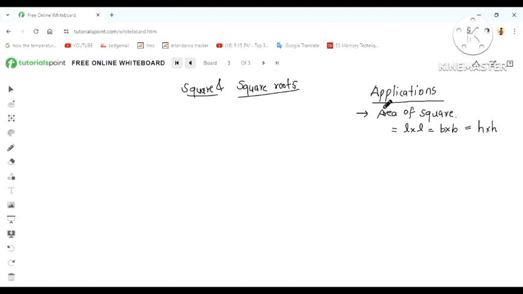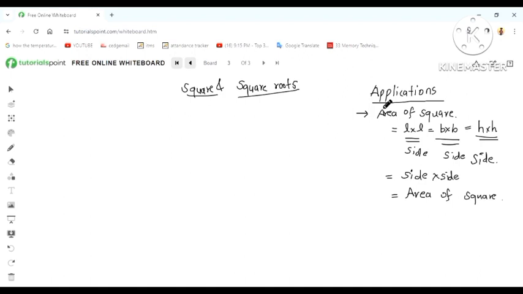We all know that a square is a two-dimensional figure, but length into length is a kind of side, breadth into breadth is a kind of side, height into height is a kind of side. So you can say that side into side is the area of a square.